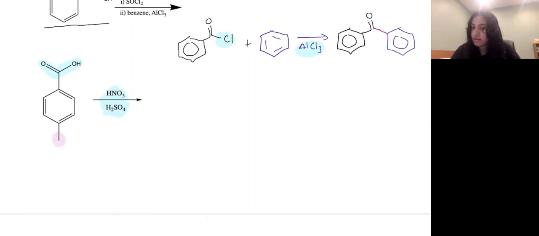Yeah, it's directing meta, because that's a deactivator. So it's directing to these two carbons. And then where is the methyl directing? It's directing ortho. So also those two carbons. So that is very convenient. Both directors line up, so you're gonna get one product.